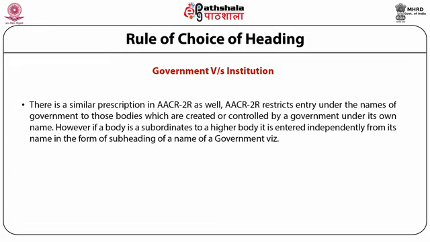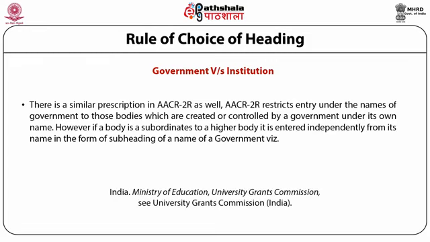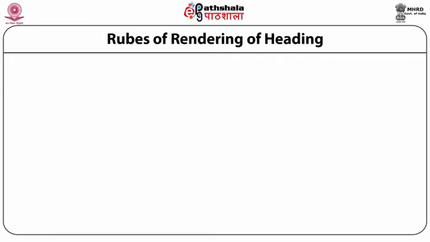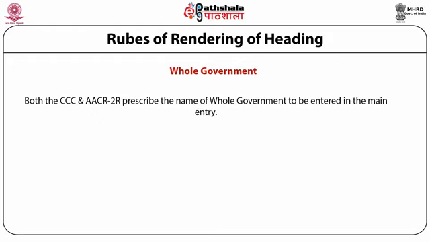For example, India, Ministry of Education, University Grants Commission, or University Grants Commission, India. Rules of rendering of headings. Whole government. Both the CCC and AACR 2R prescribe the name of whole government to be entered in the main entry.